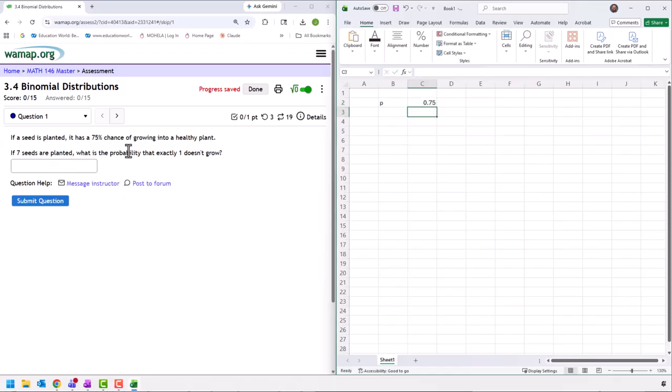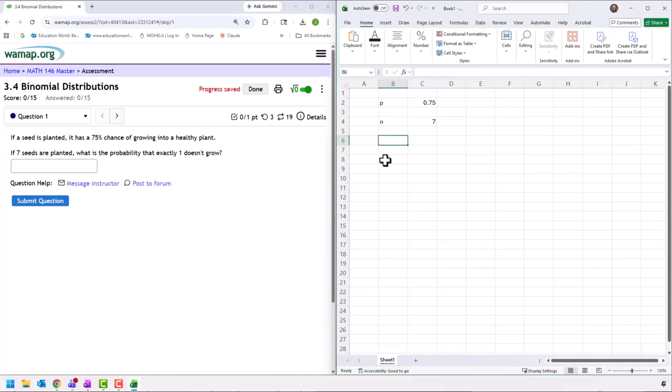If 7 seeds are planted, what's the probability that exactly 1 doesn't grow? So N is 7. We have 7 trials. And we want to know the probability that exactly 1 doesn't grow. Now, this could be the first one, the second one, the third one, the fourth one, fifth one, sixth one, seventh one, but it's just exactly 1 doesn't grow.